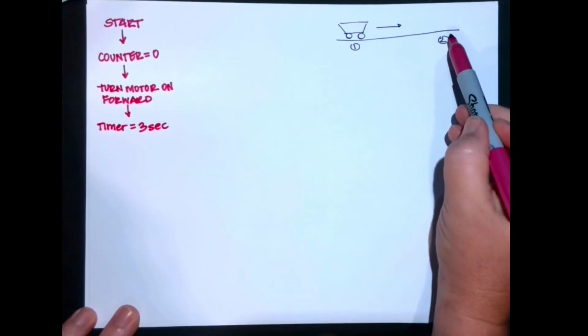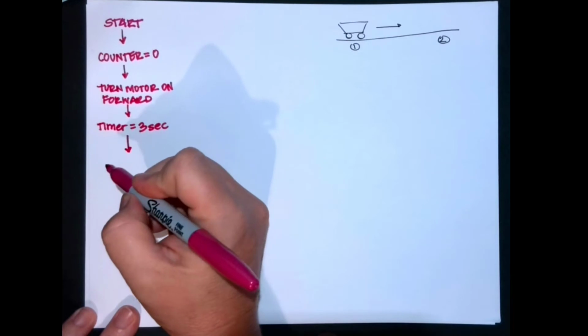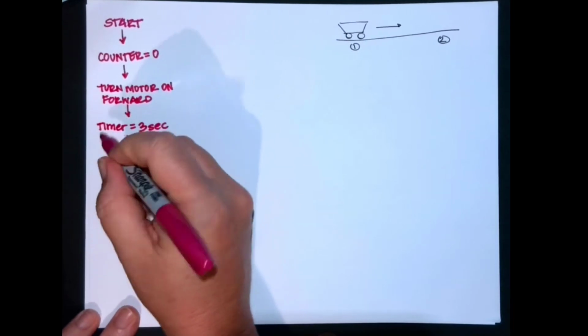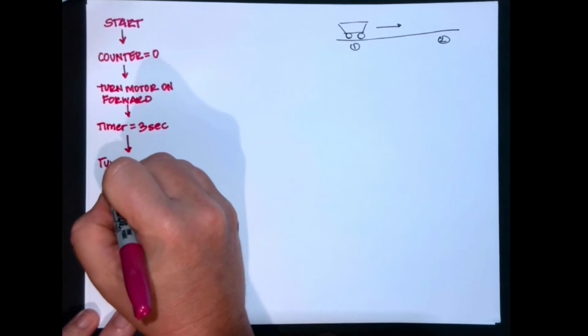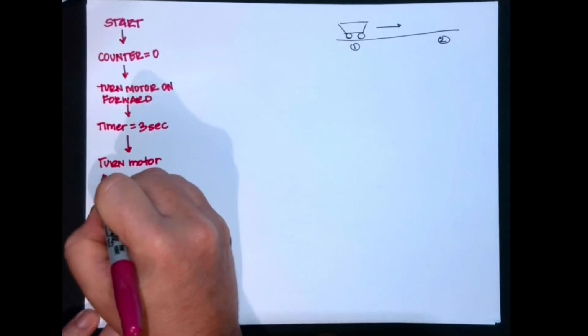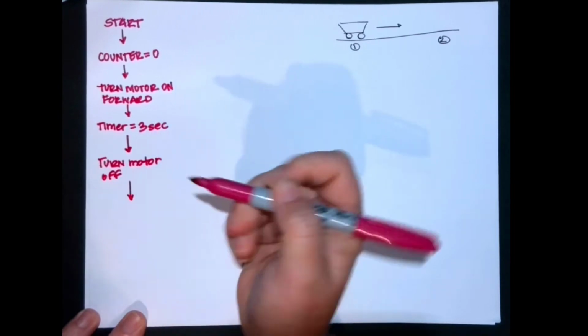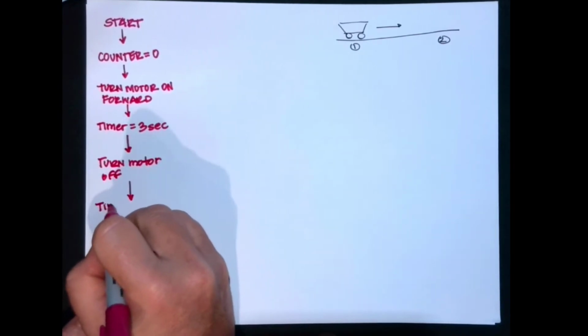And after we get it there, we want it to stop, so we're going to turn the motor off. Then we want to let it sit there for, say, 3 seconds.